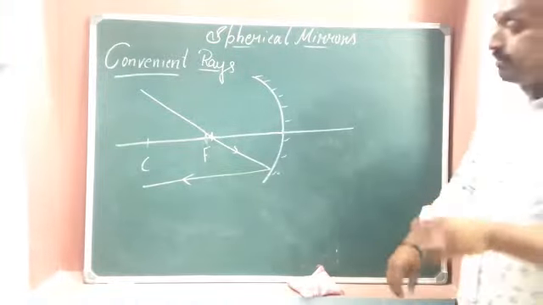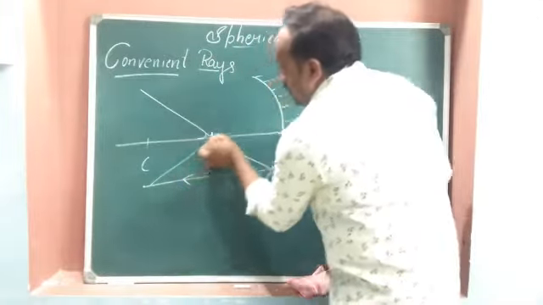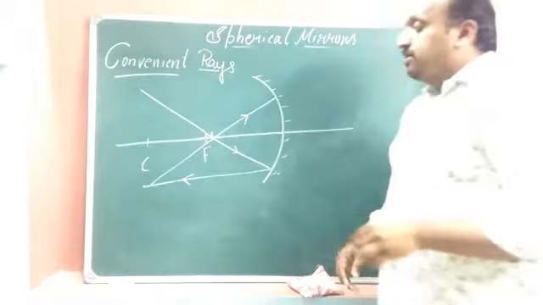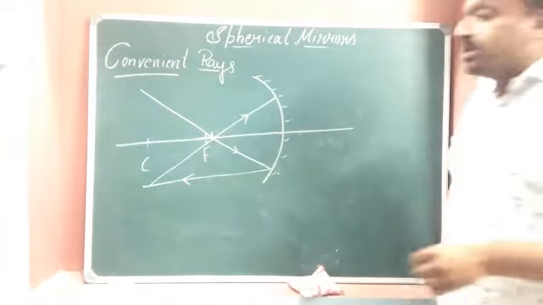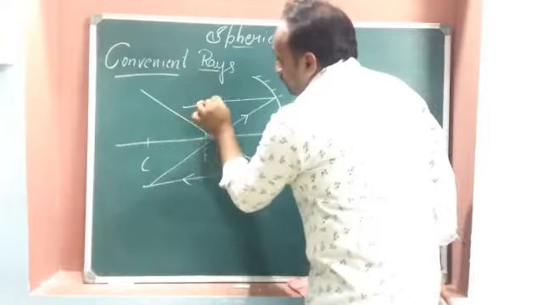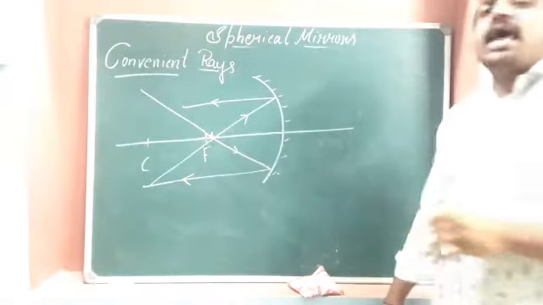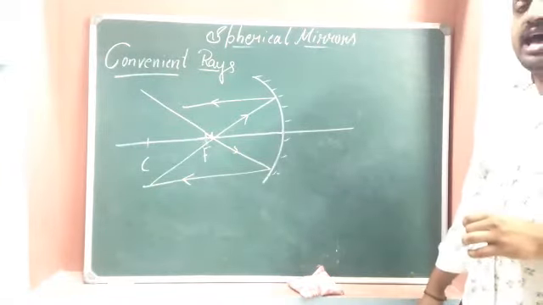That may be on either side. Imagine the ray of light like this, which is already passing through the focus. After reflection, it will be parallel to the principal axis.